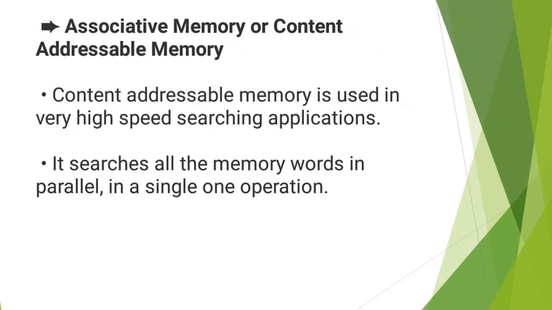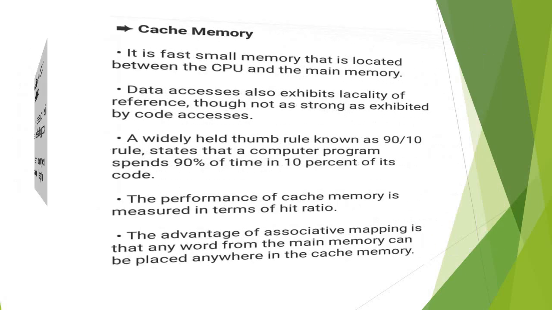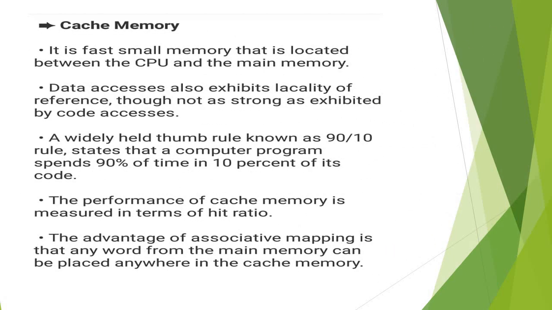Now let's move towards the associative memory or content addressable memory. It is used in very high speed searching applications. It searches all memory words in parallel in a single operation. Now cache memory, it is a fast small memory that is placed between the CPU and the main memory.